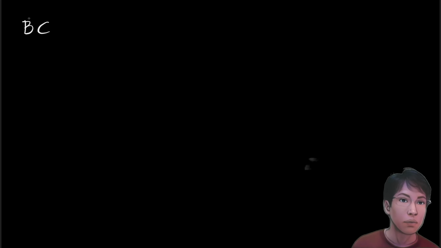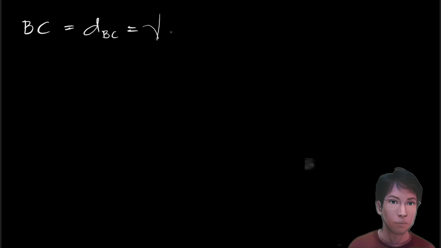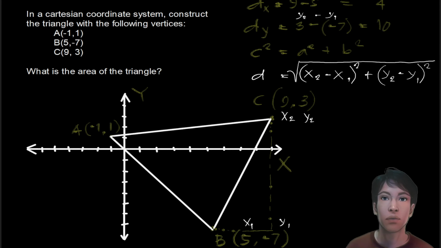Let me designate BC like this: D of BC is the square root of, as I have shown you earlier, x sub 2, x sub 1, y sub 2, y sub 1.